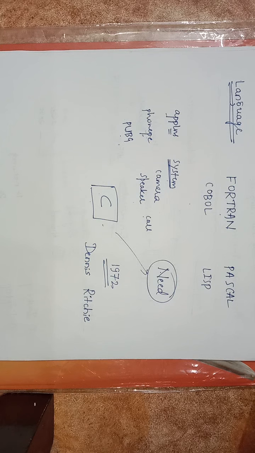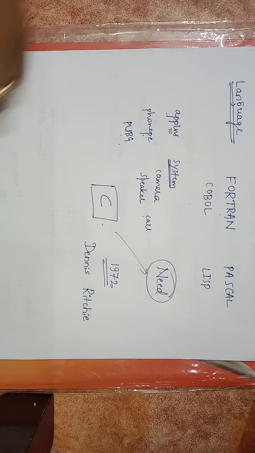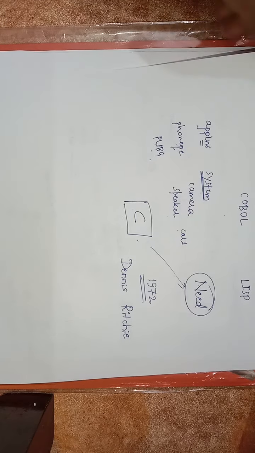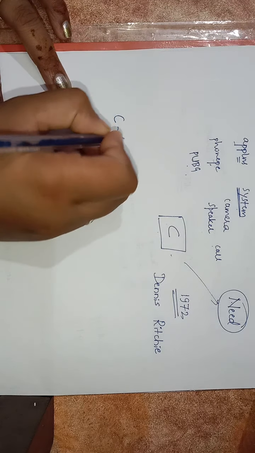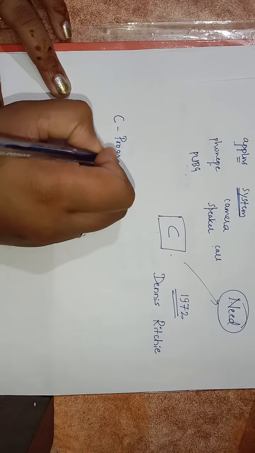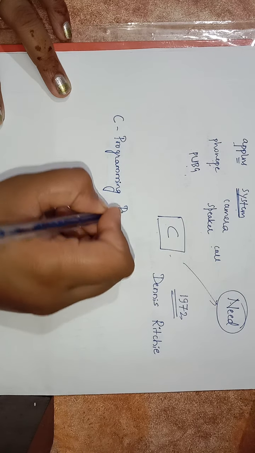In the same way, to learn this C also, you should know some basics. You should know some preliminaries. Understood? So I'll go with the next concept, C programming preliminaries. What are the basic things to write any program?